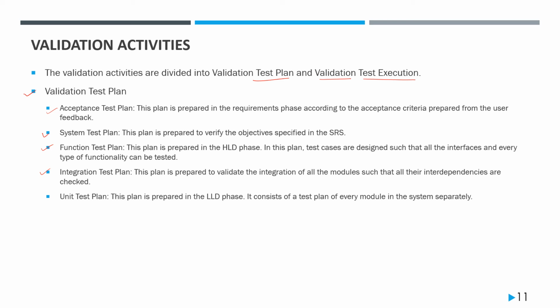This plan is used at the time of integration testing. Then the unit test plan. This plan is prepared in the LLD or low level design phase. It consists of a test plan of every module in the system separately. The unit test plan of every unit or module is designed such that every functionality related to the individual unit can be tested. This plan is used at the time of unit testing.